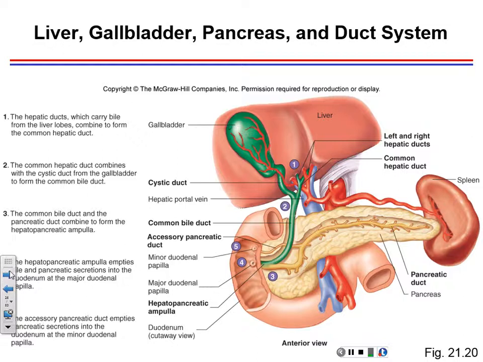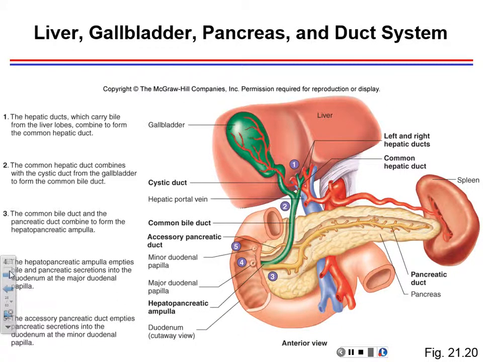And so this is the conduction of the bile again, from the left and right hepatic ducts or left and right bile ducts, and then goes into the common hepatic duct, all right? And then cystic duct here, and then goes into the common bile duct to the hepatopancreatic ampulla, okay?